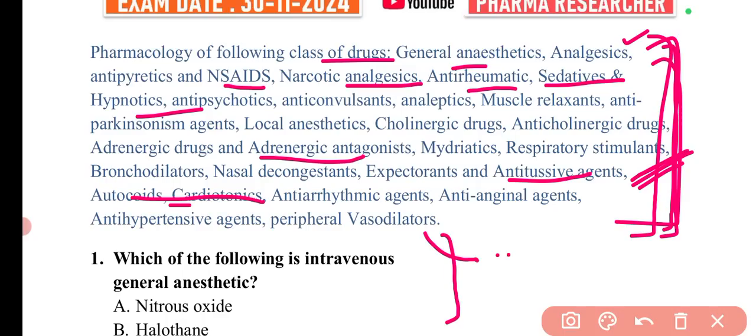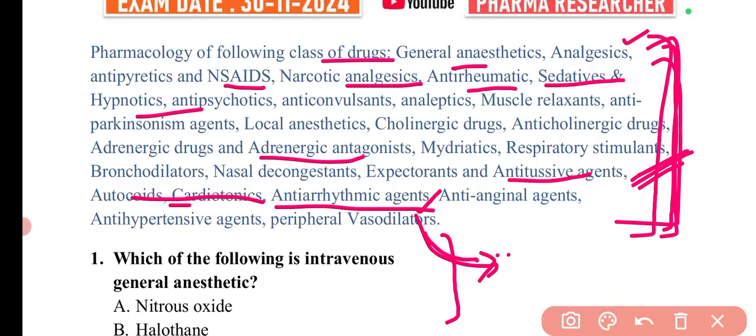Or sometimes there can be classification-based questions which are very specific, like for antiarrhythmic agents there are different classes: class 1, class 2, class 3, class 4 drugs. So there can be a question like which of the following drugs comes under class 2 or class 3 of antiarrhythmic drugs. In that way the question will arise.